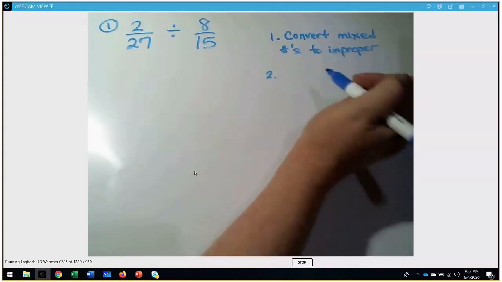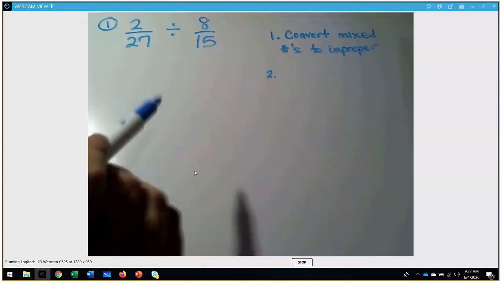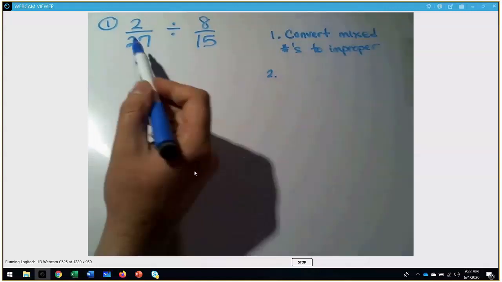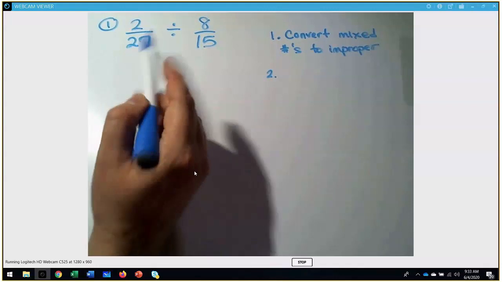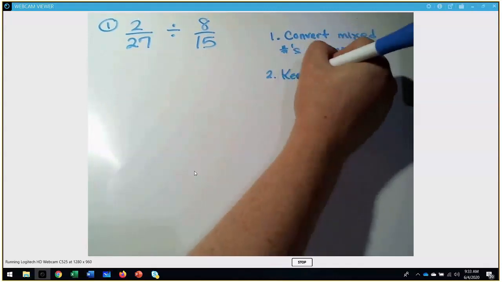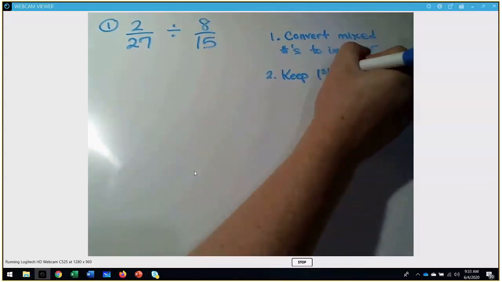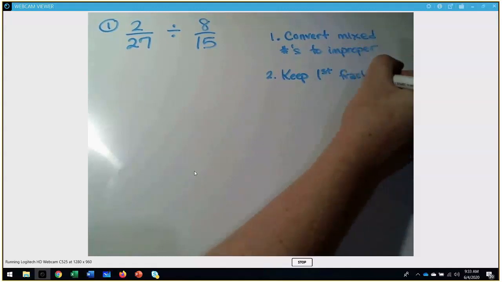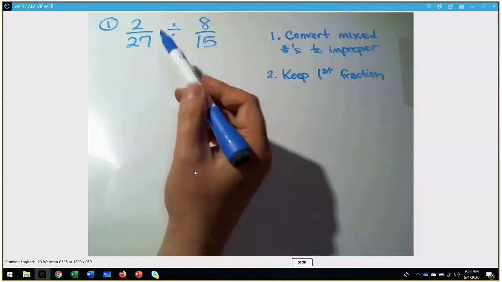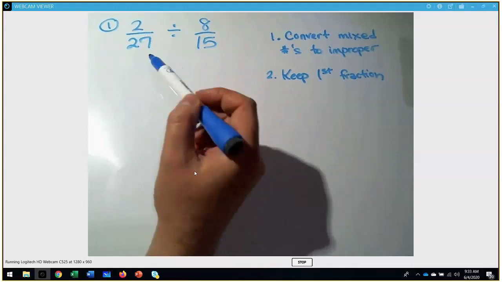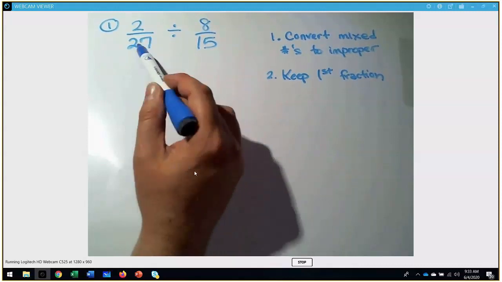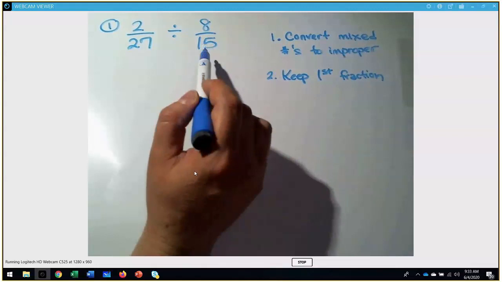Second step is we're going to set this up now so that we can get it started. That means you keep the first fraction. Whatever this is, whether it's proper or improper, you keep it the same. You flip the second one.